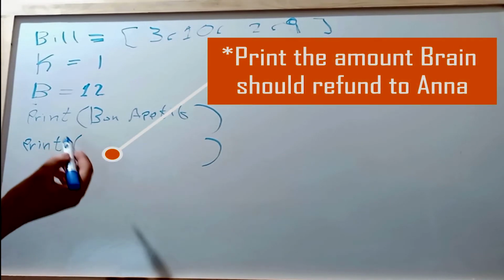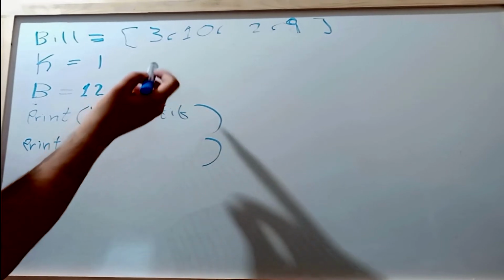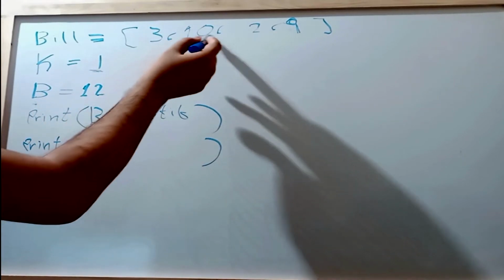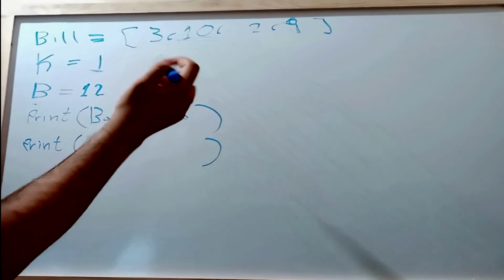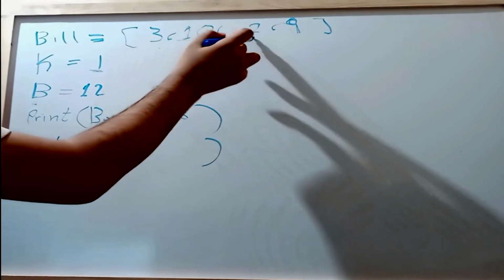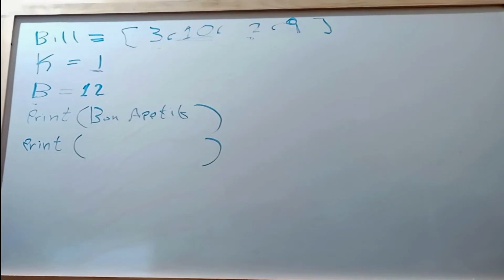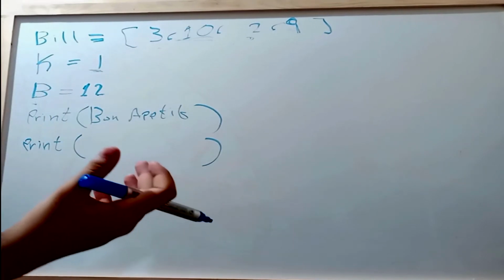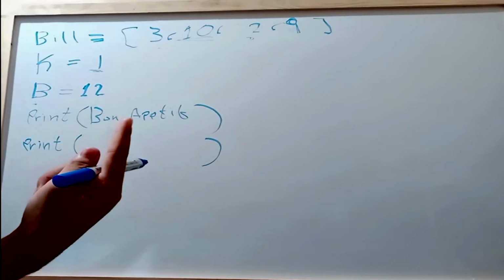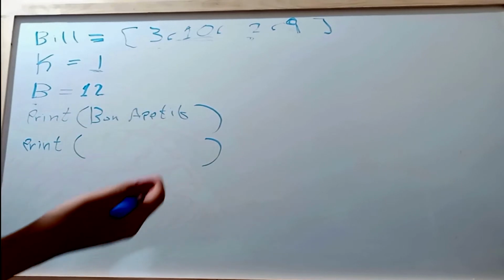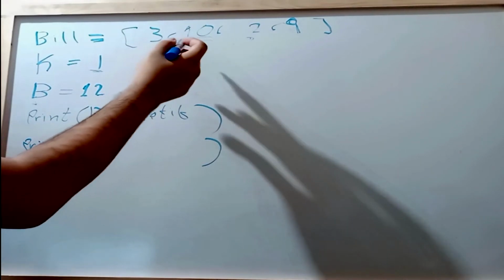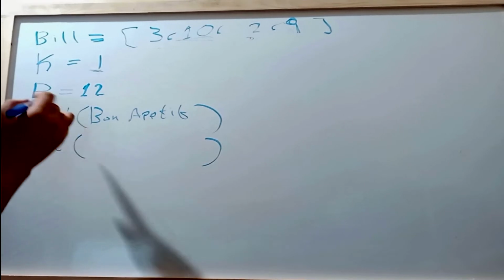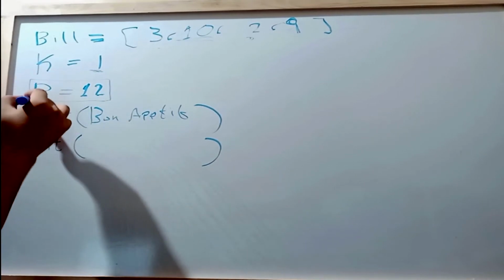So let's find this out. K is the index of the item that Anna doesn't want, so we calculate the sum of the rest of the items. 3 plus 2 is 5, 5 plus 9 is 14. This is the cost of all meals except the one Brian wants. Then Anna should only pay $7. But Brian charged her 12.